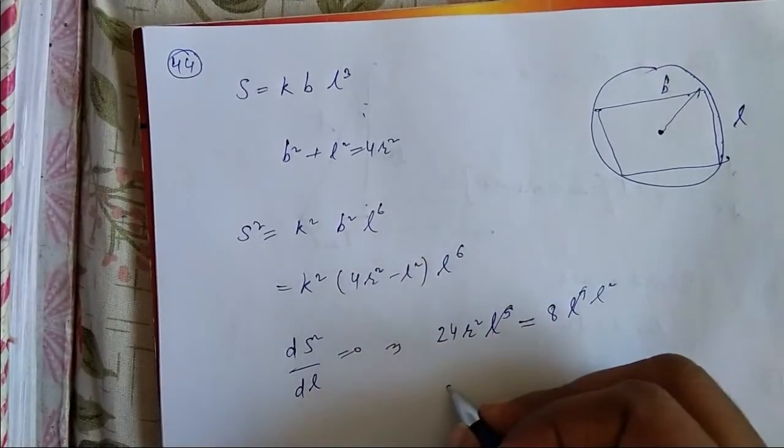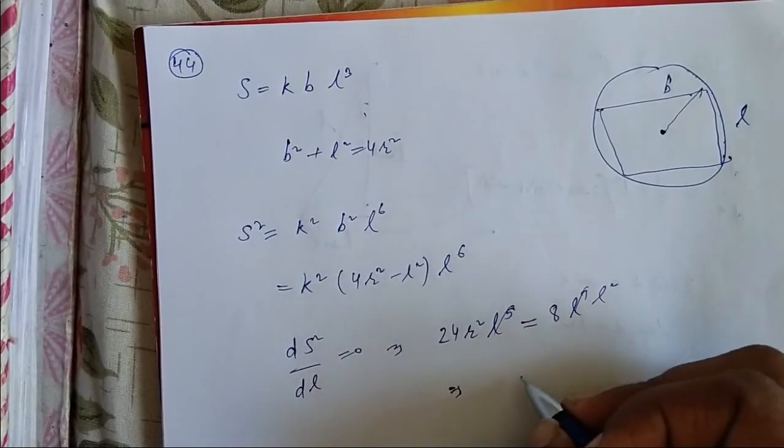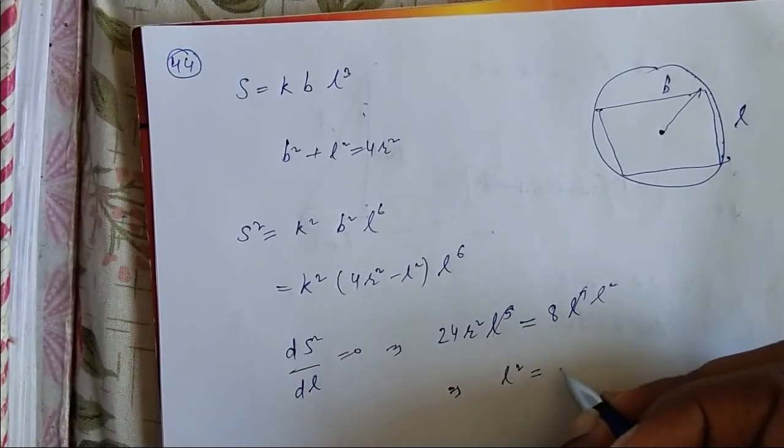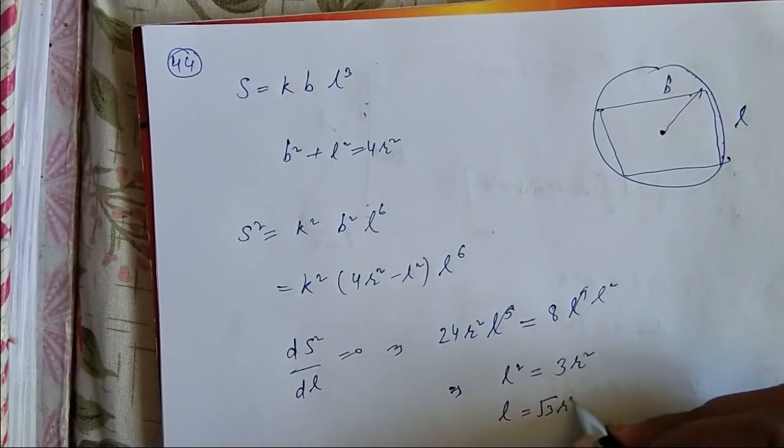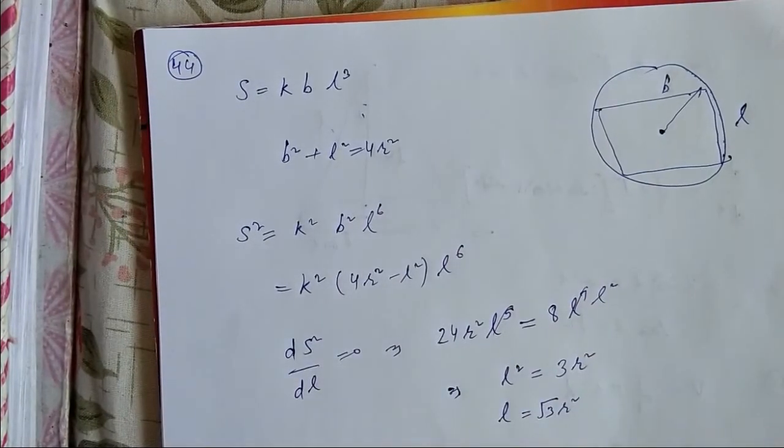So this implies L² is equal to 3r² or L is equal to root 3 r. Okay. Moving on to the next question, question number 45. The strength of the beam varies as the product of its breadth and square of its depth d.